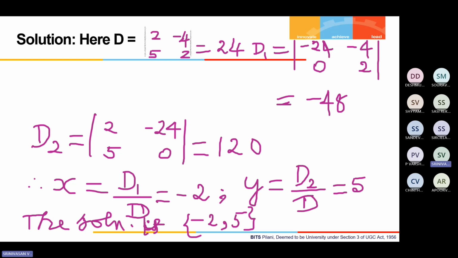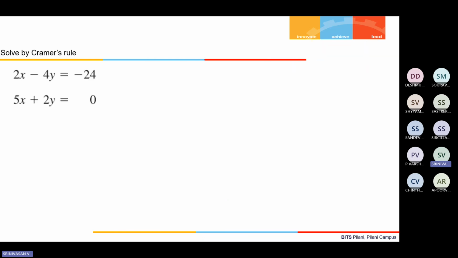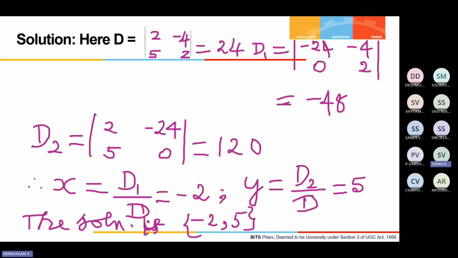D1, or Dx. That means the first column of D must be replaced by the constants on the right hand side. So look for the constants on the right hand side: minus 24, 0 becomes the first column. The second column of D, minus 4, 2, remains as it is.